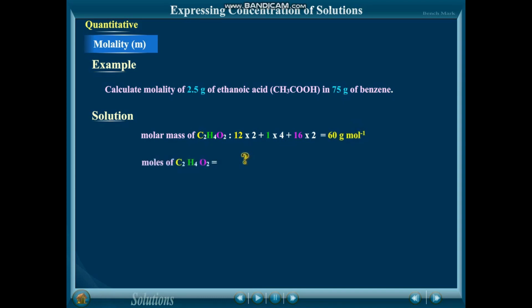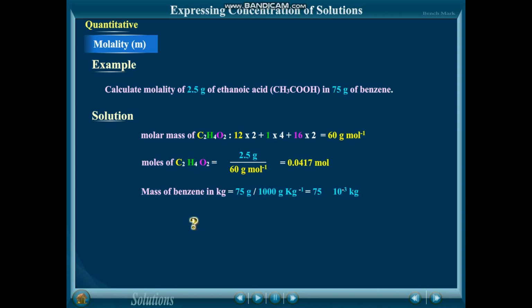Moles of ethanoic acid is mass by molar mass, that is 2.5 grams divided by 60 grams per mole, and the number of moles of ethanoic acid is 0.0417.